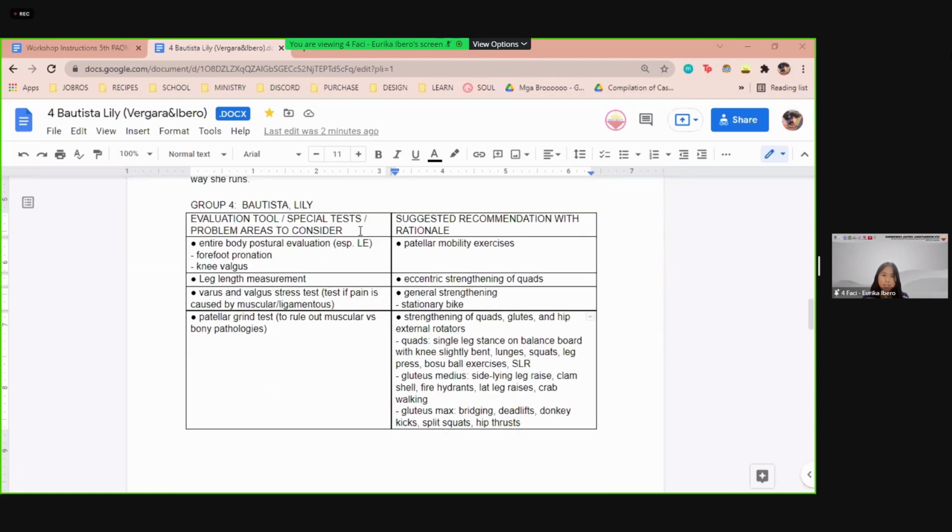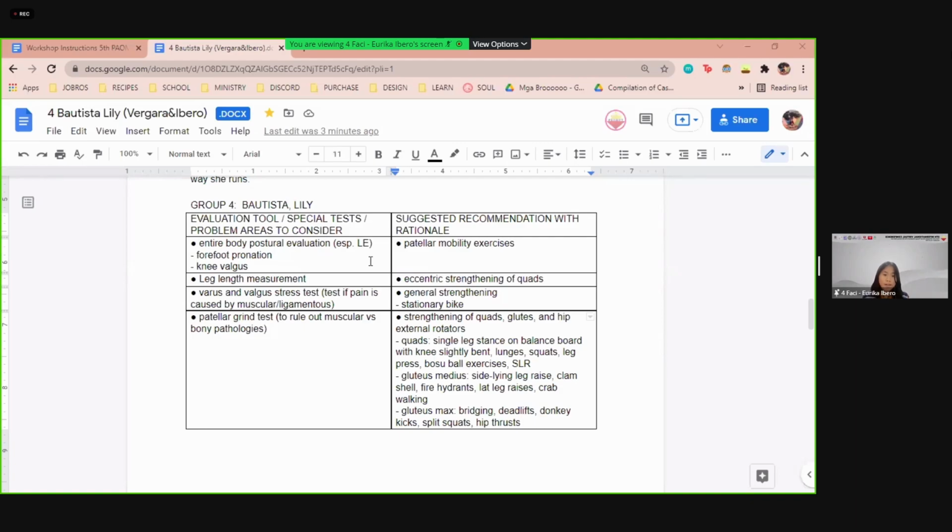Now, for the evaluation tools that we discussed, I'll be running over this quickly. First, we have our entire body postural evaluation, especially of the lower extremities. So we thought to check especially for foot pronation and knee valgus. Another is leg length measurement.